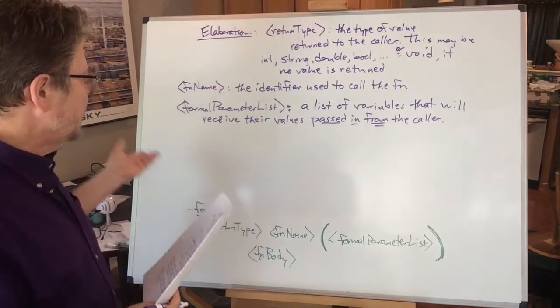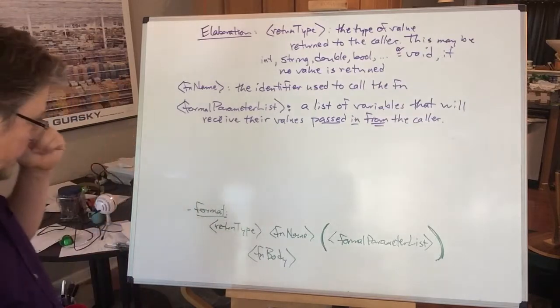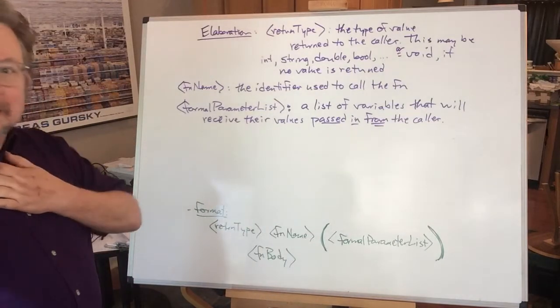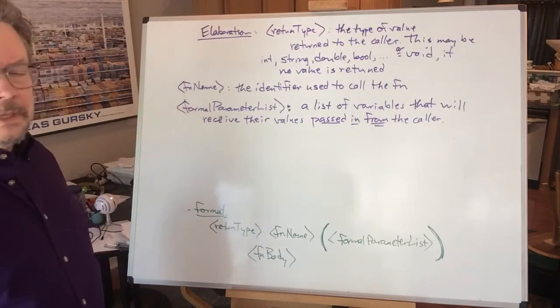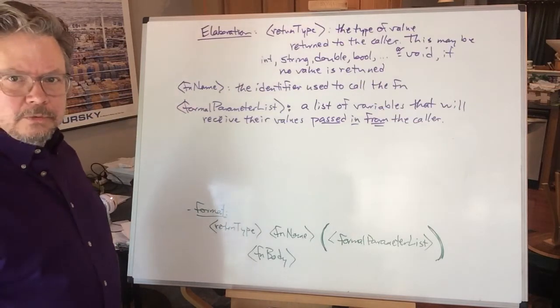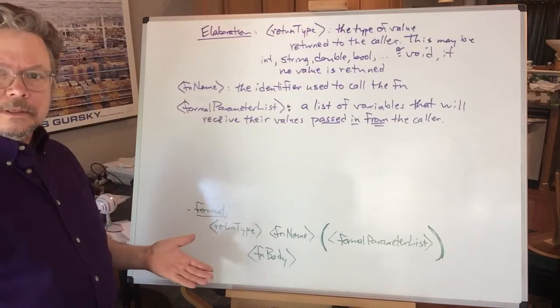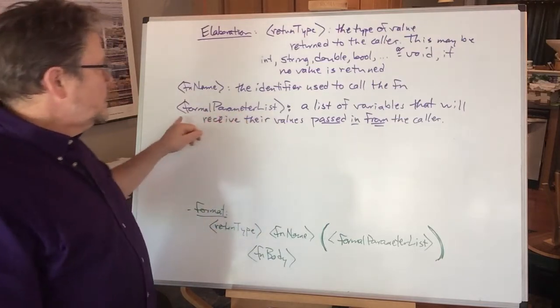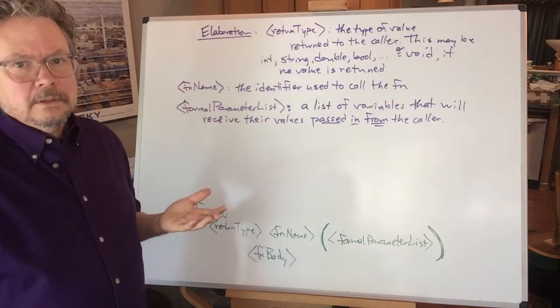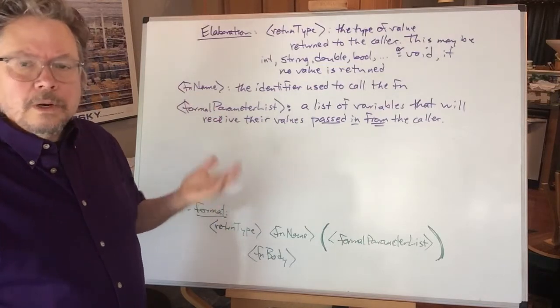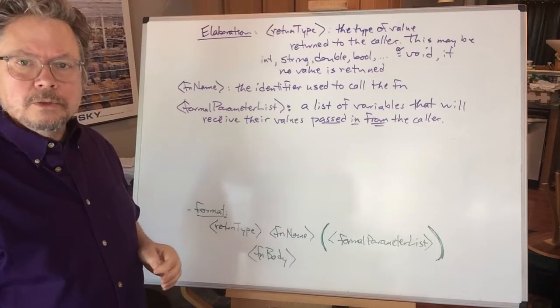And you might wonder why formal. I mean, it doesn't sound very formal, does it? White tie, a high school formal or whatever. That's formal in the sense like an income tax form or a job application form. There are a lot of blanks to be filled in. And that's a healthy way to think of this. This is a list of variables that are like blanks in the function that have to be filled in before the function knows what numbers or what strings or whatever it's supposed to be using.